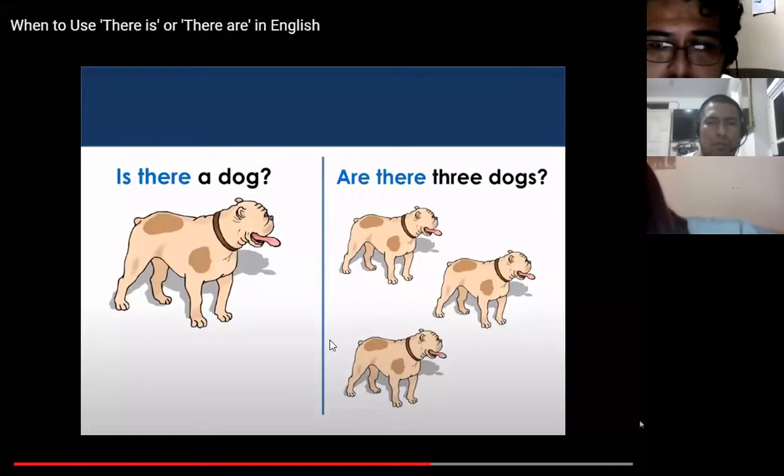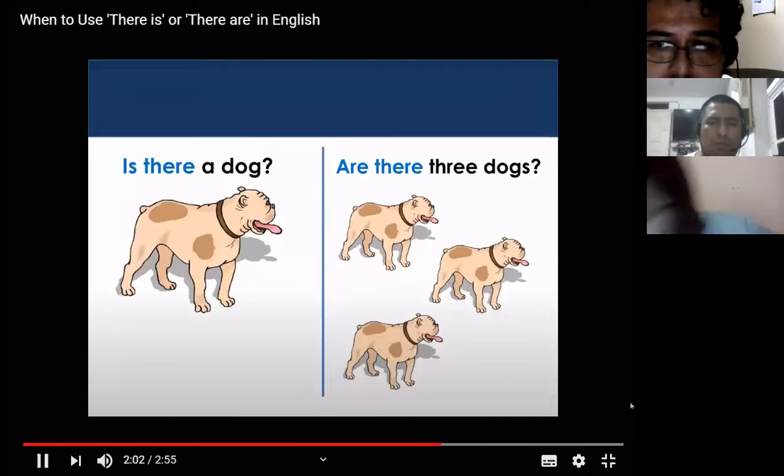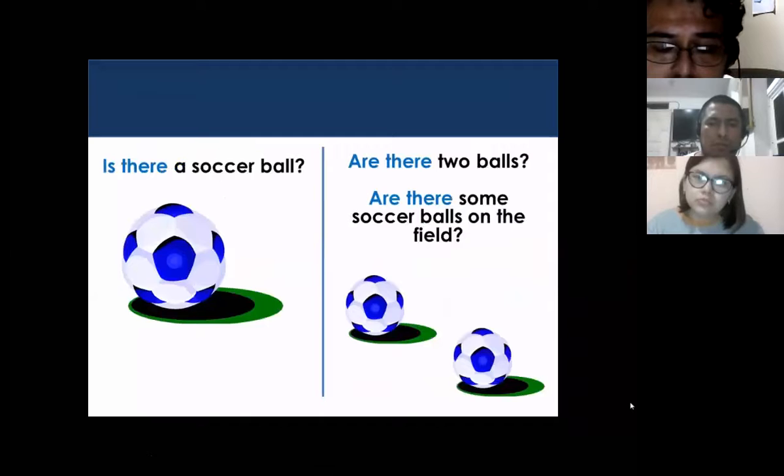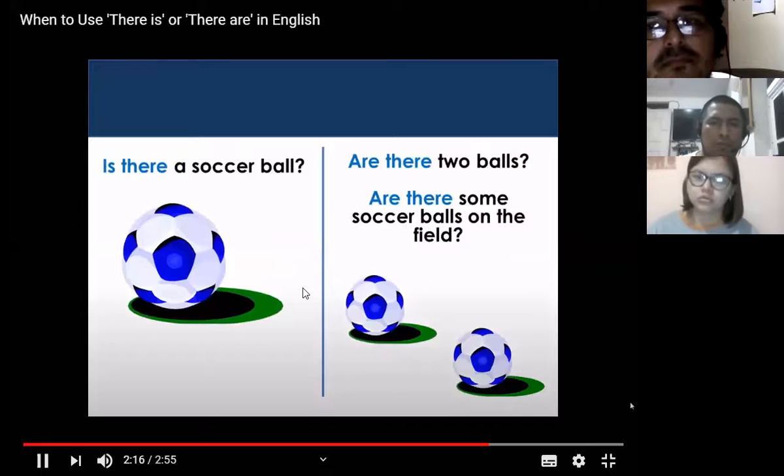Is there one dog? Is there a dog? Are there 3 dogs? Yes, there are. Is there a soccer ball? Are there 2 balls? Or are there some soccer balls on the field?